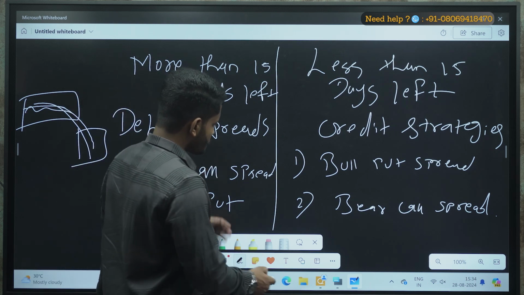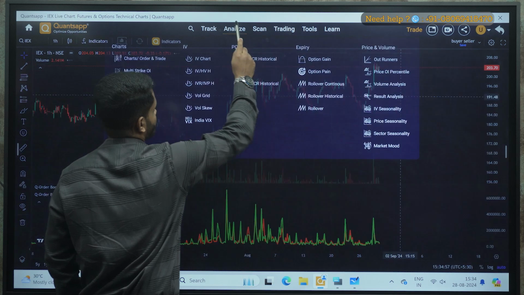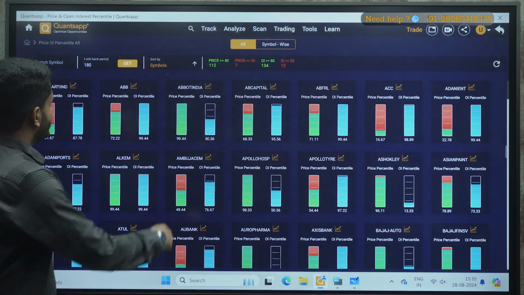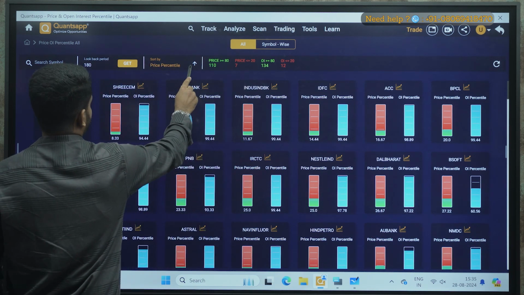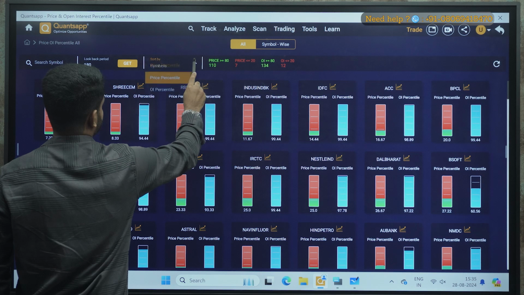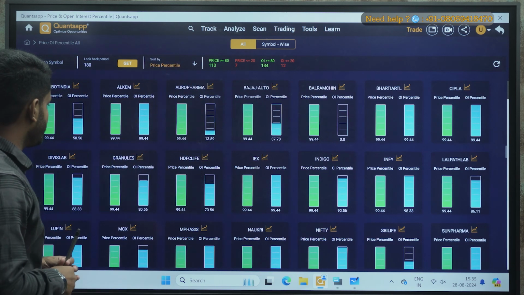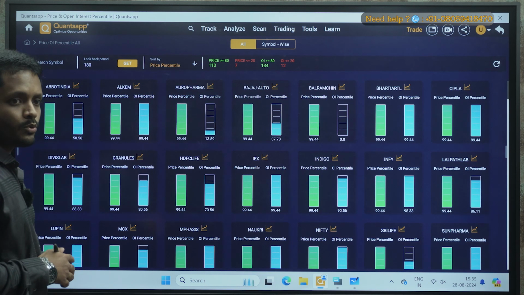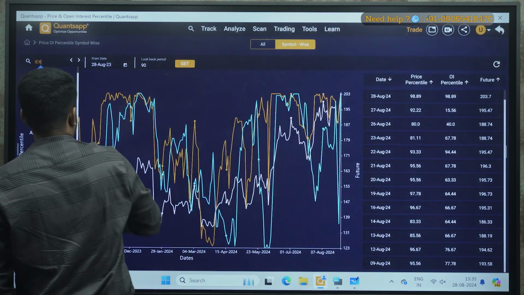Okay, so we checked for IEX. Now if you want, we can backtest any of the stocks. Say, for example, we found n number of stocks. Let us go and check. Here there is Alchem, where the price percentile and OI are above 90, correct?